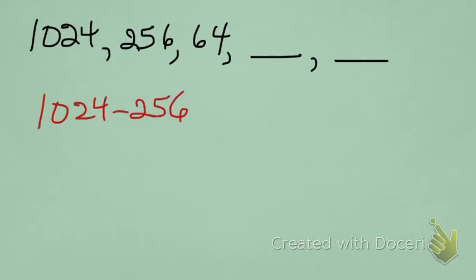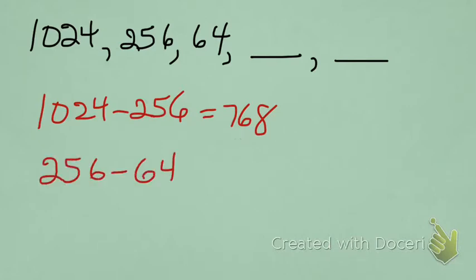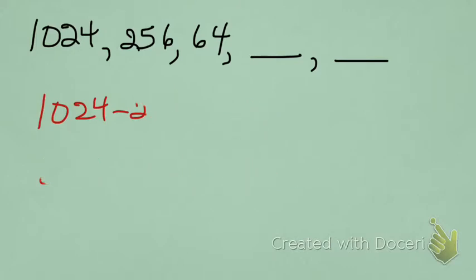That difference is 768. If I continue trying this, 256 take away 64. What would that be? Maybe 192. I'm not sure. I really just don't see it here. Subtraction isn't working out for me.